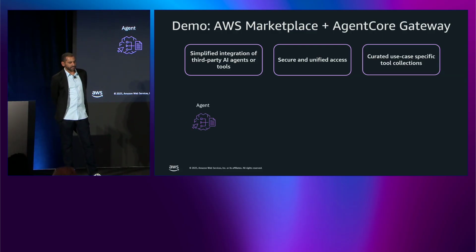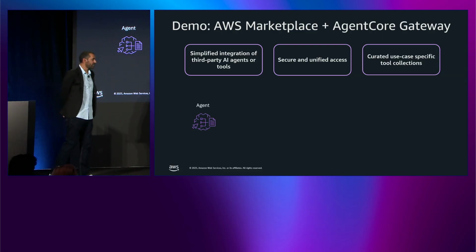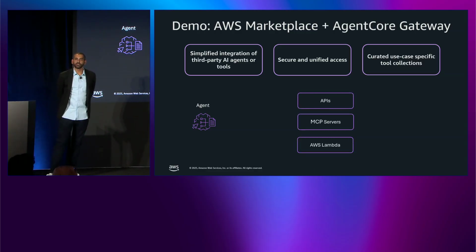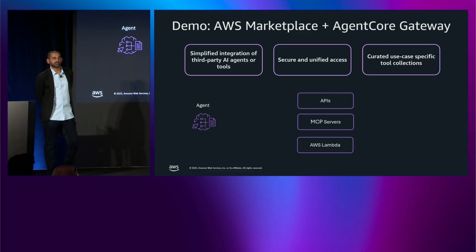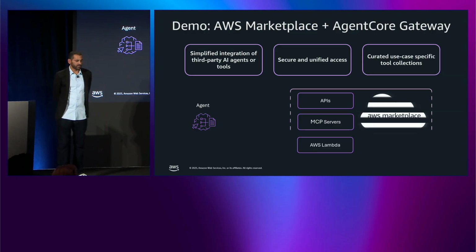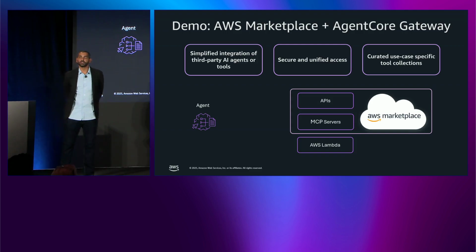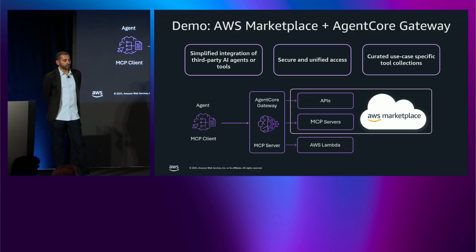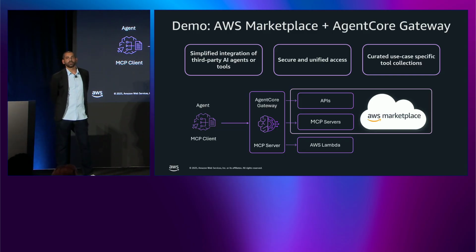So how does it look? On your left, you have an agent, and then you want to connect your agent to resources, to skills, to tools. Those can be APIs, those can be MCP servers, those can be Lambda functions. Some of those can be products that you purchase on AWS Marketplace. Basically, Agent Core Gateway comes in as a layer in between your agents and your tools, your resources, your skills.